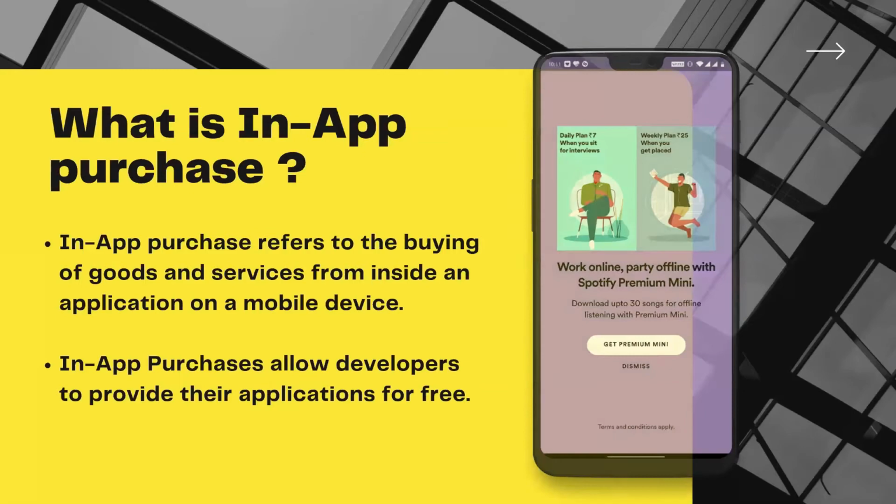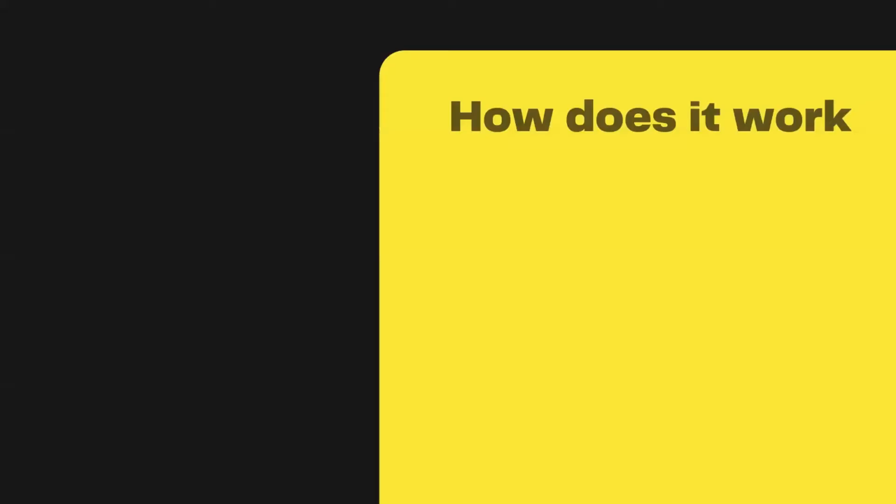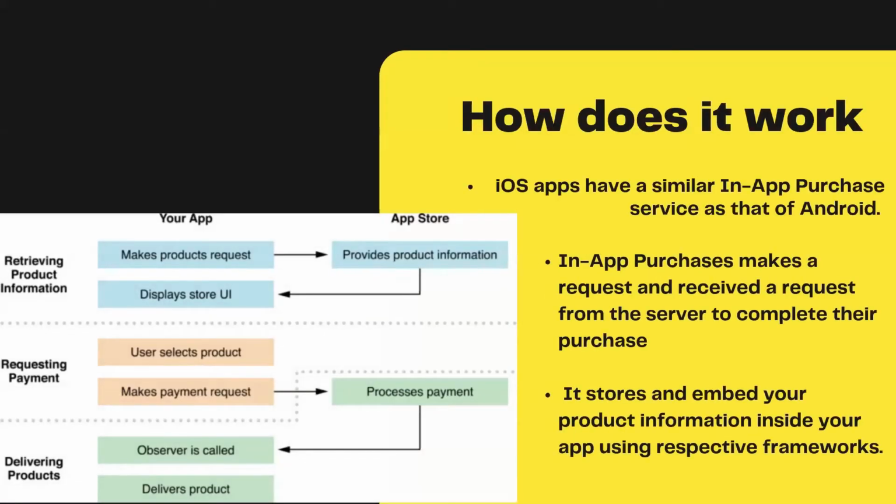Next is, how does in-app purchase work? Mostly people wonder what in-app purchase is, why it is needed, and how it works from the backend side and from the user's perspective.